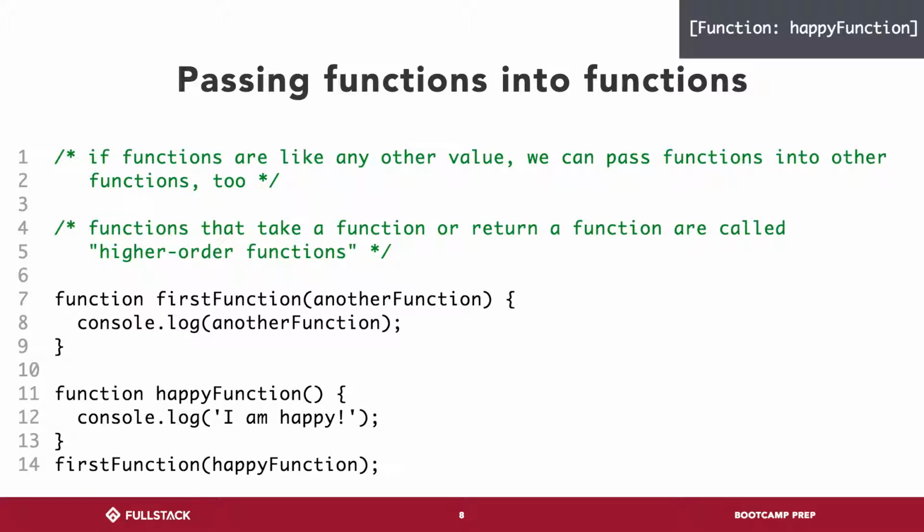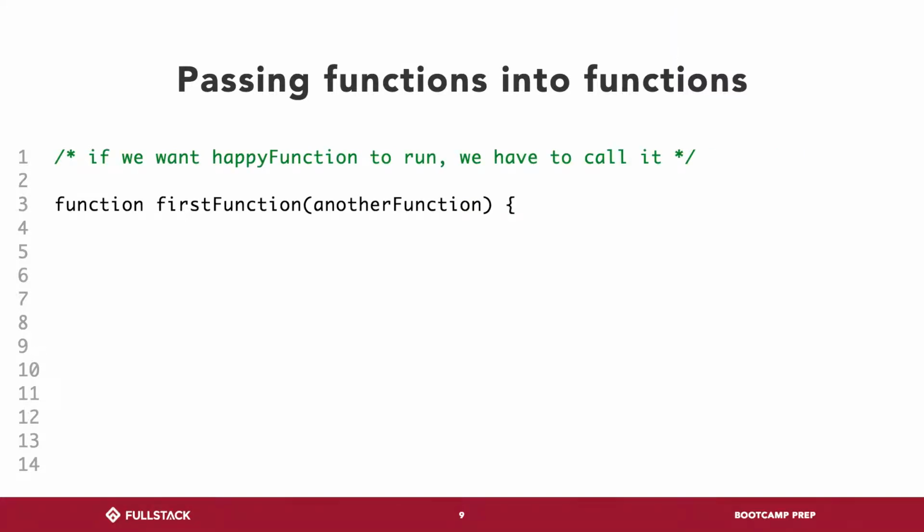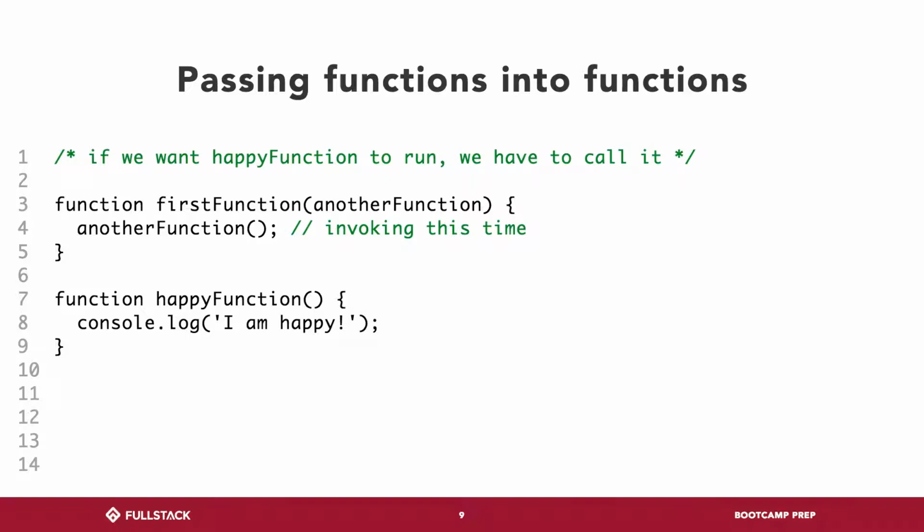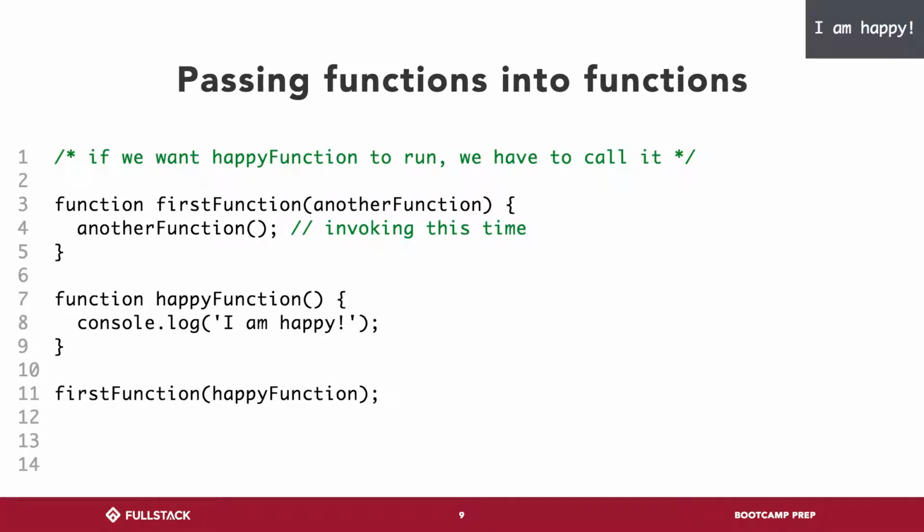But if you wanted to get what is returned by happy function, you need to invoke it, which is what we were doing with I love my cat. Right. Okay. And it's what's happening here too. So you see where this function is being invoked? Yeah, it's being invoked within the first function. Exactly. On line 4. Because of those parentheses.